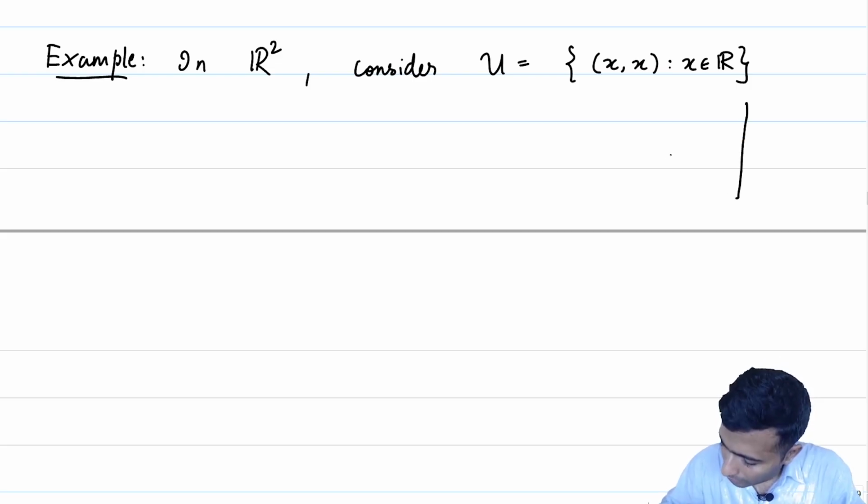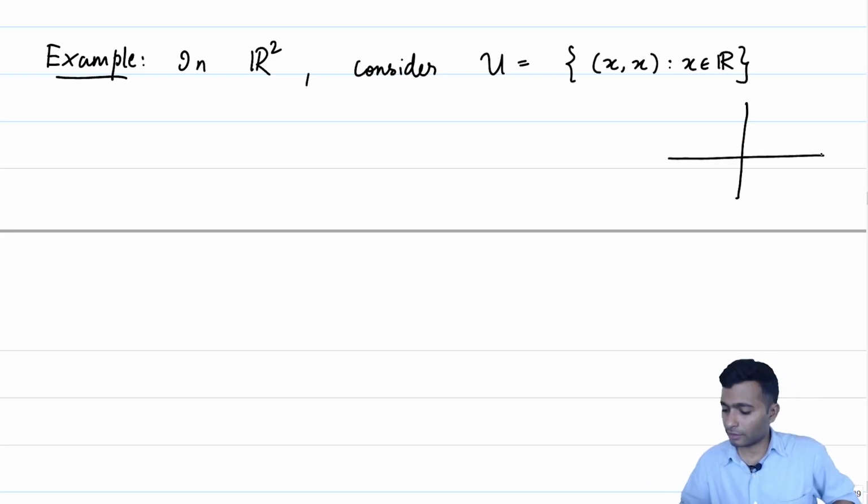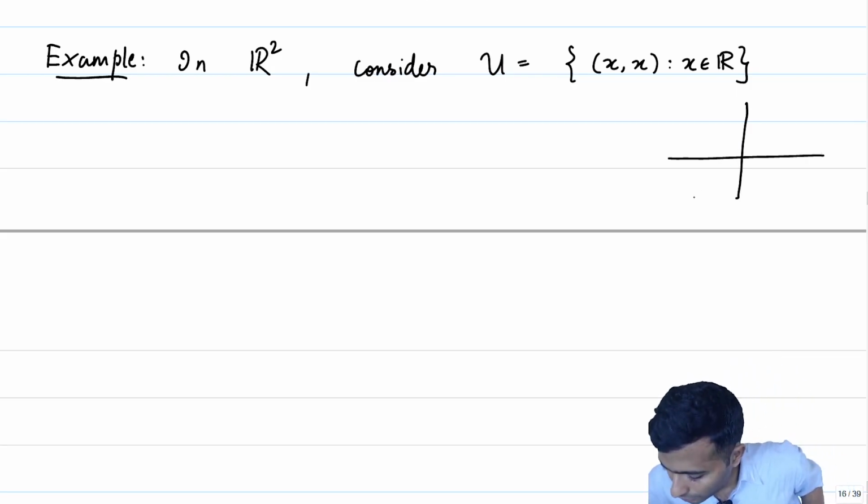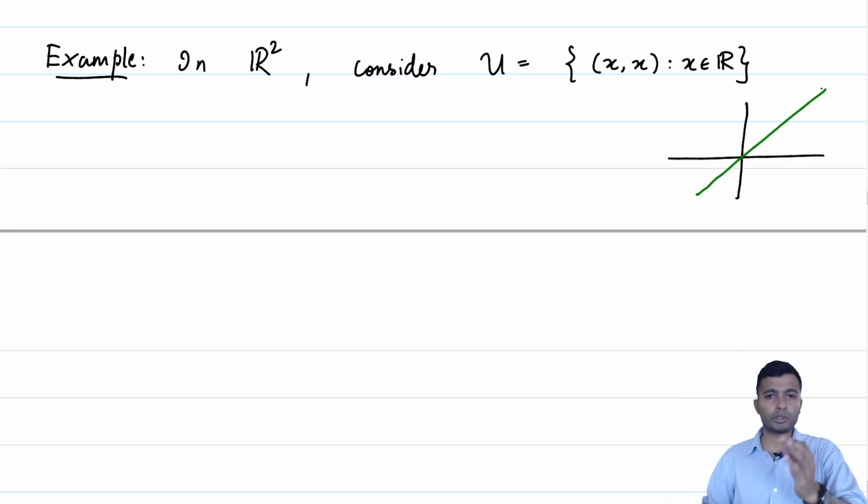There is a Cartesian coordinate like this, and the green denotes the subspace U. The line x is equal to y.